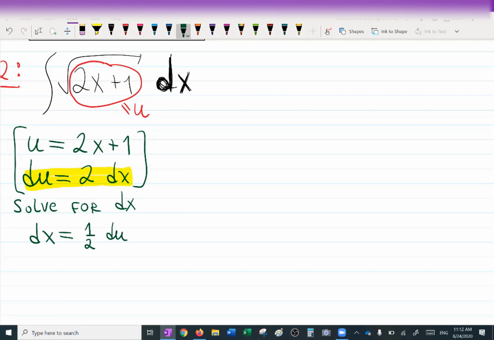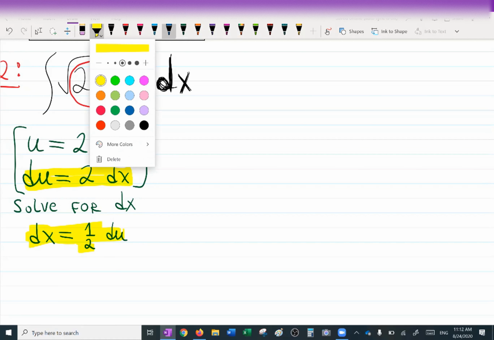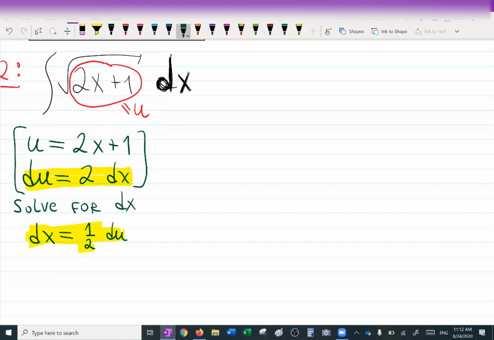I'm literally solving it. And that means you don't have to be creative anymore. It literally tells you what to do. If you're substituting 2x plus 1 with u, then you're substituting dx with the corresponding 1/2 du.